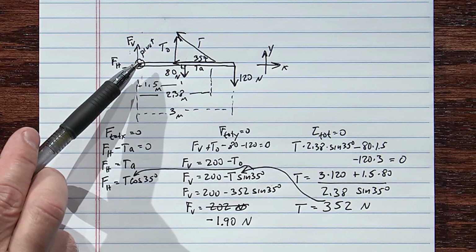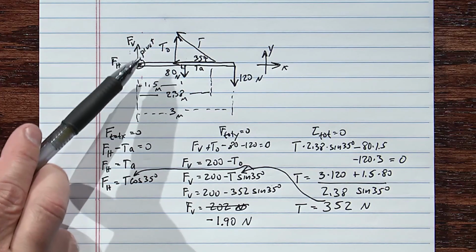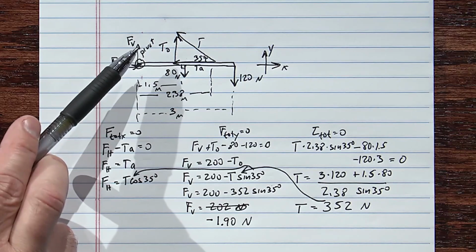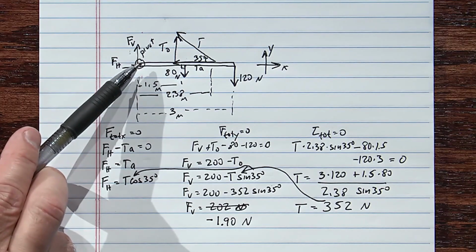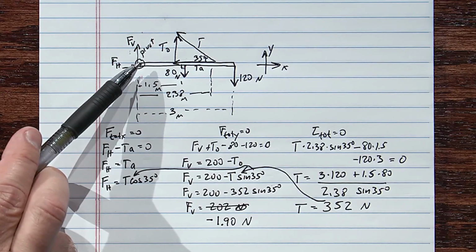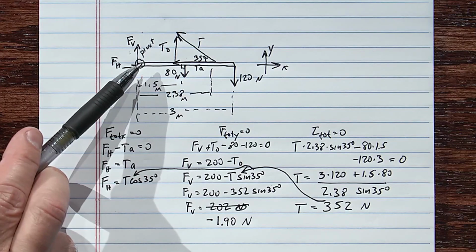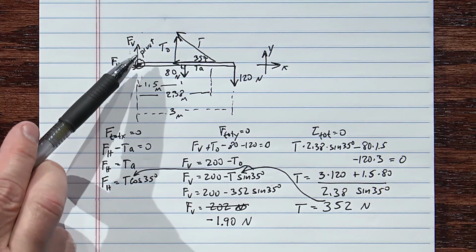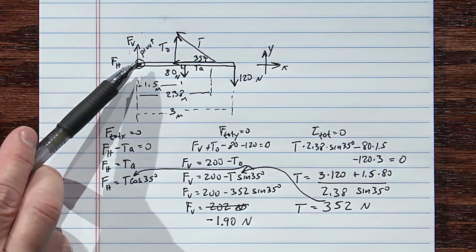And if the hinge were to break, for example, then this end of the boom would go upwards, not downwards. So it takes a downwards force from the wall to keep the boom in equilibrium. And it's a very small force. It's a force of only 1.9 newtons, so a very, very small force up or down.